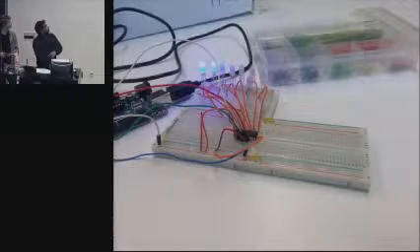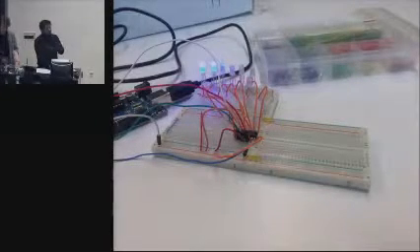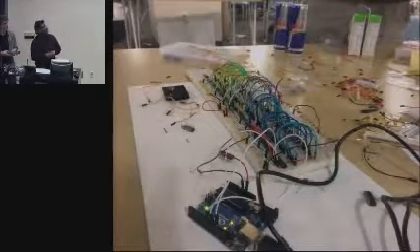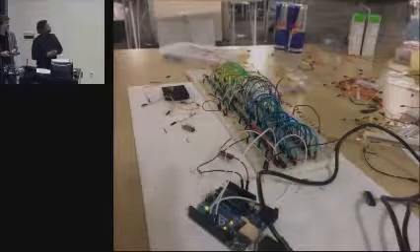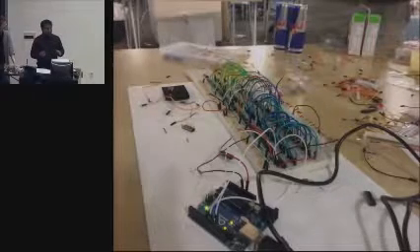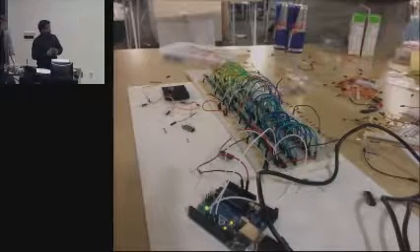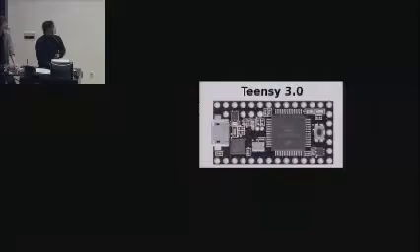So we started off with the shift register, trying to control 8 LEDs. Then we went on to make a massive wire prototype that was really fun. But another problem we faced was that we were trying to use it with the regular Arduino ATmega chips, which are great for most projects, but for what we are trying to do, it's not fun. So we looked around and found this thing called a Teensy.